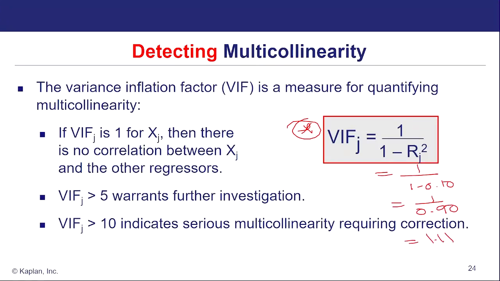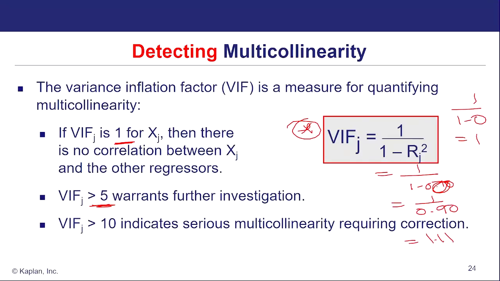So what do these values of VIF mean? If R square is 0, if there is no relationship at all, then the lowest value that VIF can take is 1 divided by 1 minus 0, or 1. So if it is 1, then there is no evidence of multicollinearity at all. But even if it is above 1, it doesn't necessarily mean a problem. If it is greater than 5, that is a warning sign.